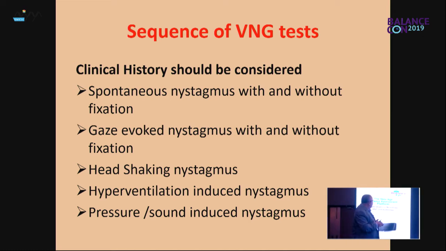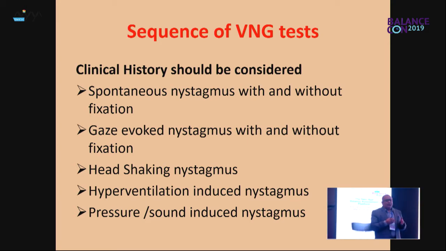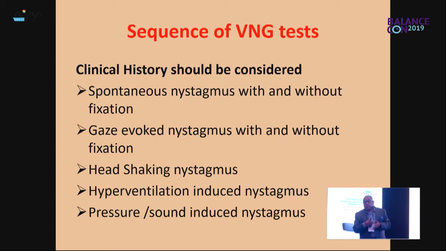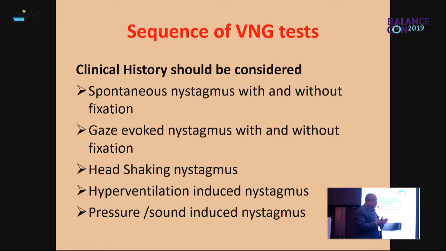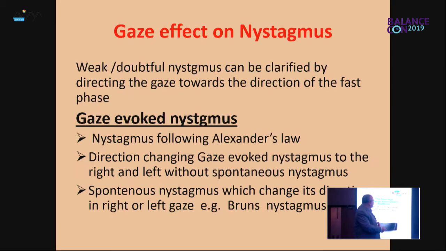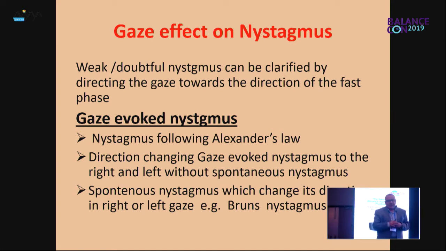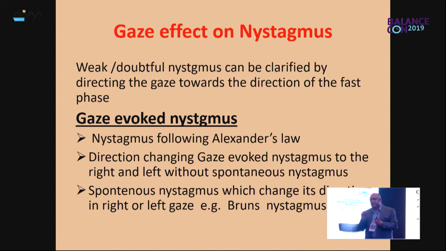Second, we look for gaze-evoked nystagmus with and without fixation, and we will talk in detail about gaze testing. Then head-shaking nystagmus, because that is an easy test to perform which can reveal any hidden or latent vestibular asymmetry. Hyperventilation-induced nystagmus, we'll talk about in detail. Then pressure- and sound-induced nystagmus.